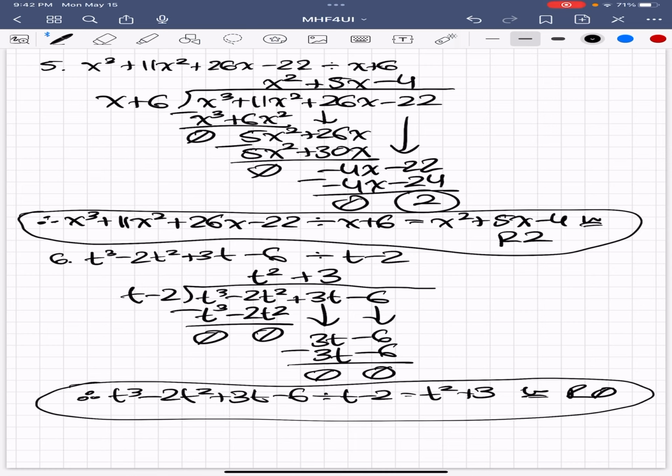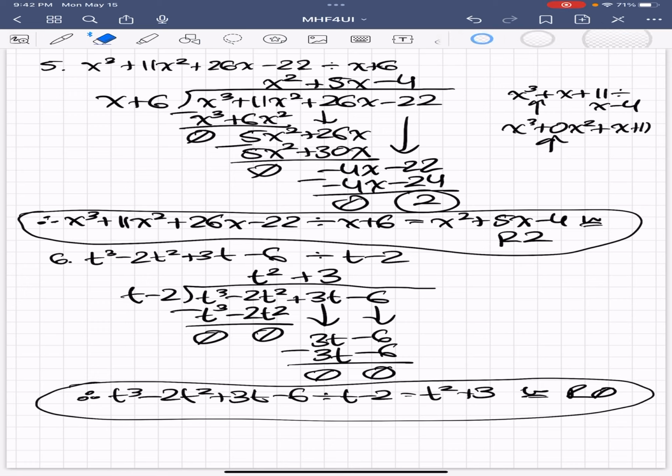And I wanted to take you through an example that if you're missing any variable to a certain degree, so you see here we're missing x to the power of 2, make sure you add in a 0 when you're dividing.